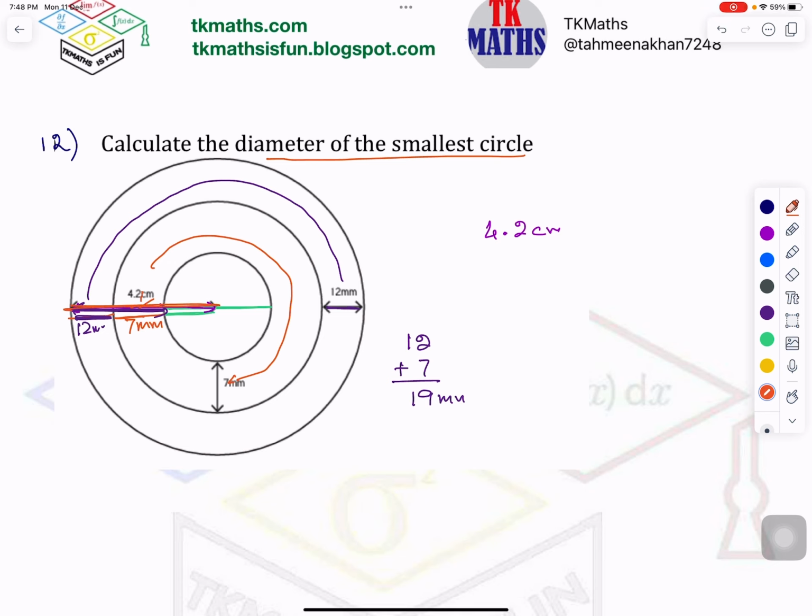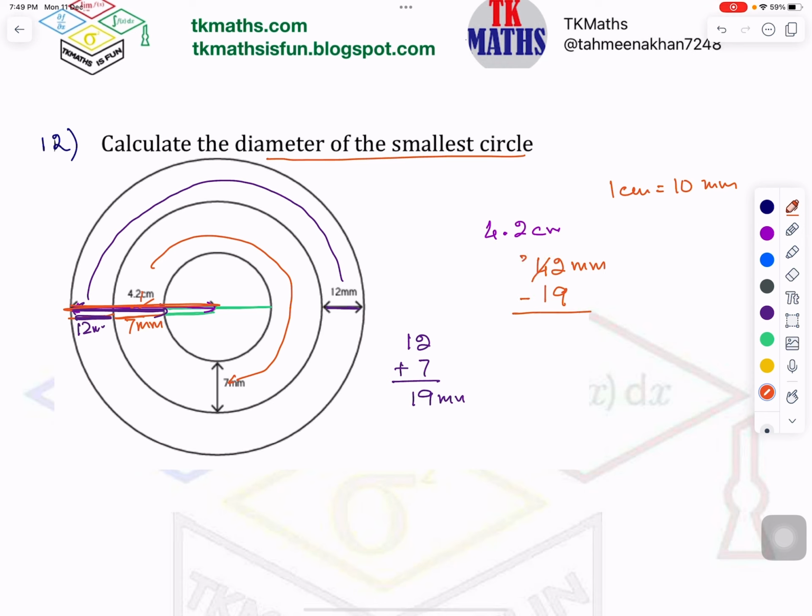So here you have to be careful because you cannot do subtraction with centimeter and millimeter. Numbers have to be in the same unit. So 4.2 centimeter can be written as 42 millimeter because you know 1 centimeter is 10 millimeter. So from this I will minus 19. Okay.